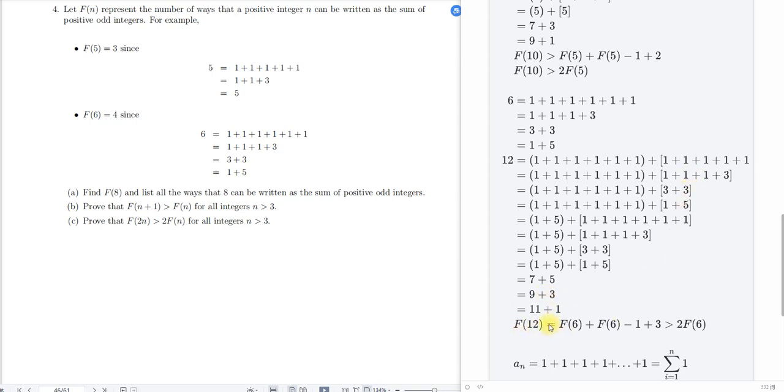Okay, it's not correct here. It will be greater than, because we have more like this: 7 plus 3 plus 1 plus 1, and 7 plus 1 plus 1 plus 1 plus 1 plus 1.